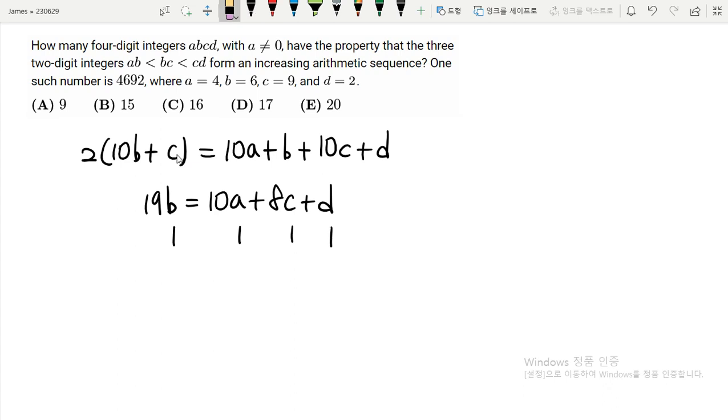So this means B cannot be 1. So let's start with number 2 for B.